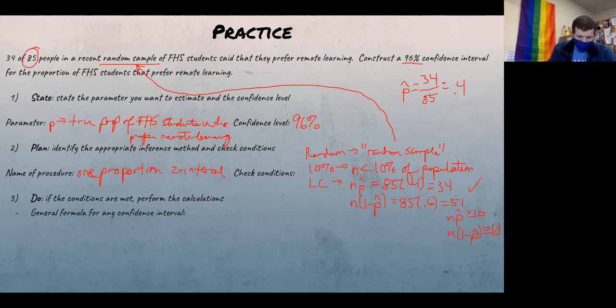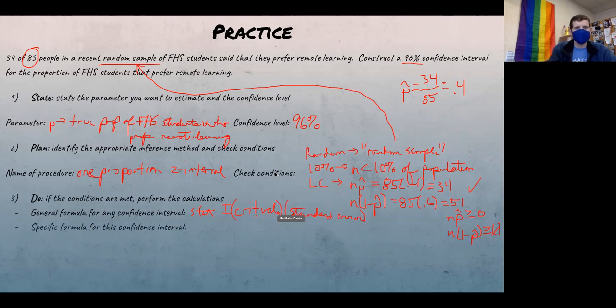And the general formula is our statistic plus or minus the critical value times the standard error. I know a lot of you might be thinking, these are a lot of steps. I could just plug this into my formula and be done. But again, this is to show that you have gone through the entire process of answering this question.